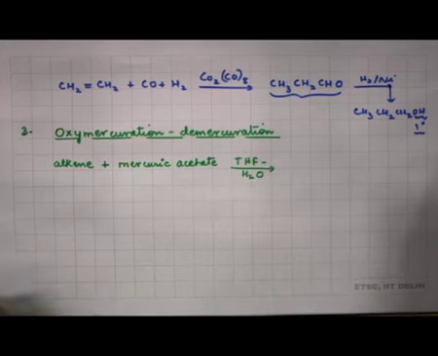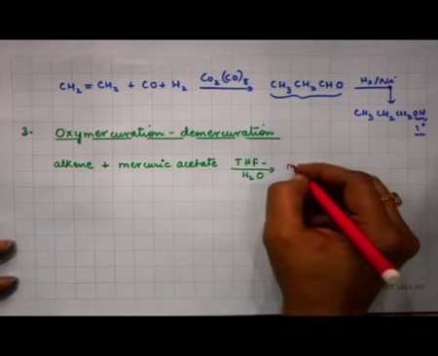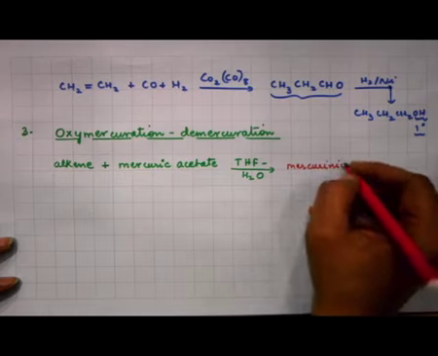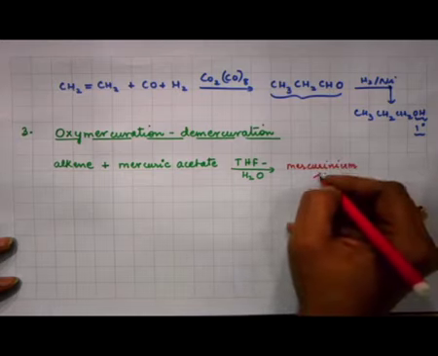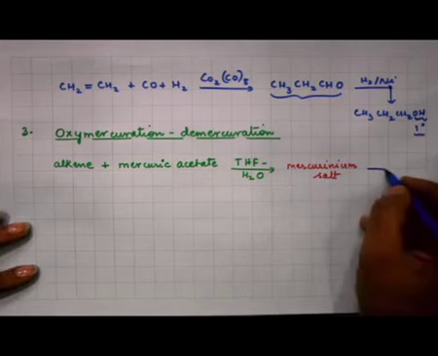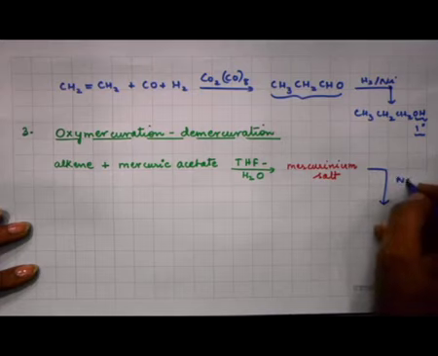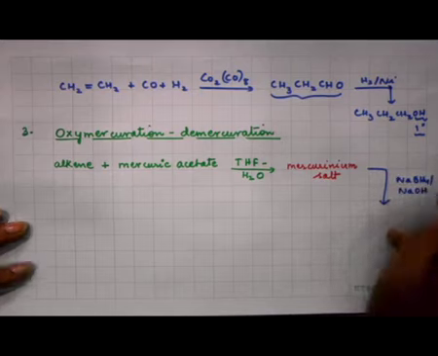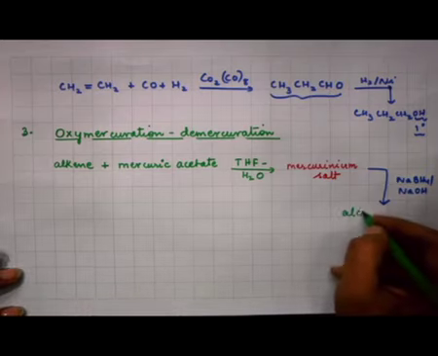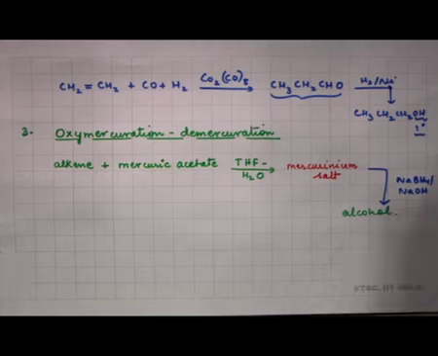In between we get an intermediate which is a mercurinium salt, and in the second step it is subjected to reduction, in sodium borohydride in alkaline medium, when we get the corresponding alcohol. So, it is a two step process.